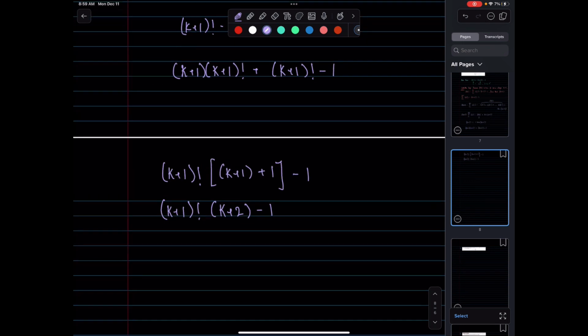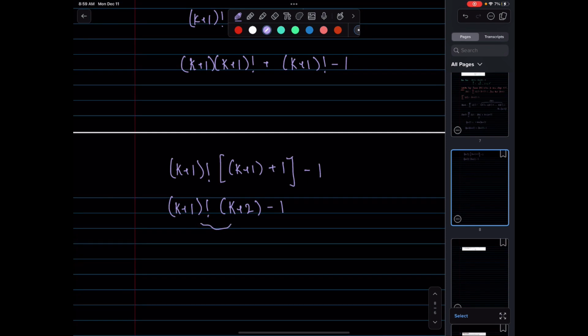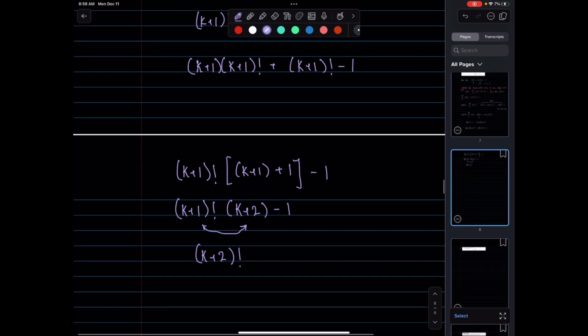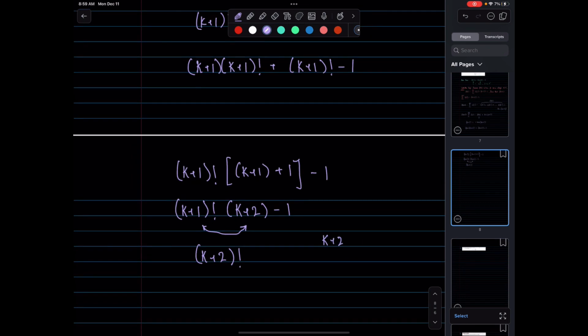And what's this? This is essentially k plus 2 factorial, because k plus 2 factorial is k plus 2, k plus 1, and so on, and this k plus 1 factorial already has all that.